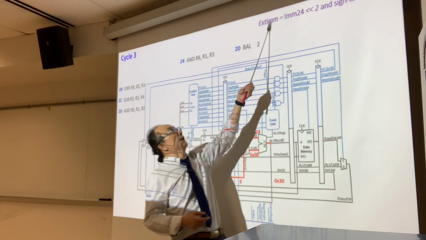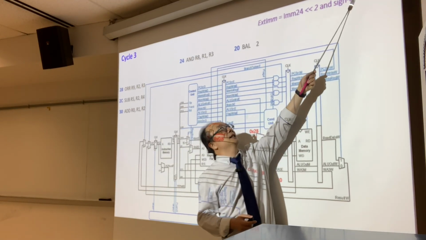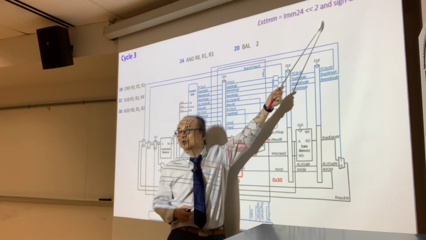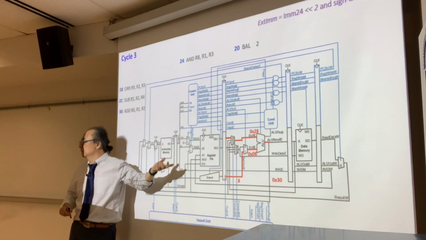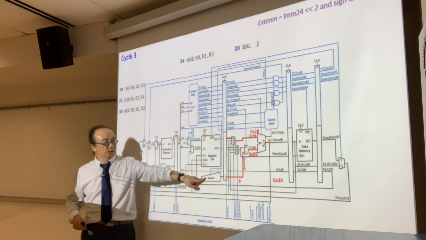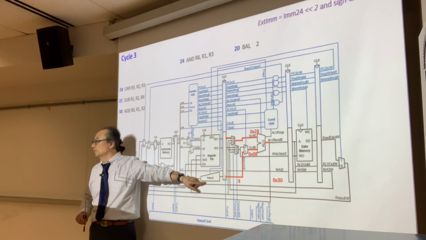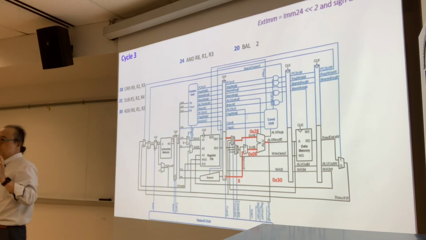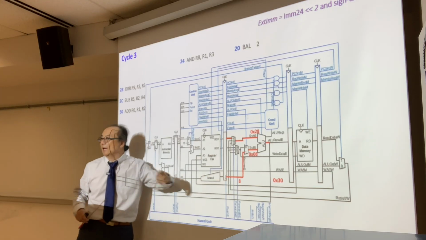And this extended immediate value is going to be sign extended and shifted left by 2 only for the branch instruction. Make sense? When we have data processing or memory instructions, all of this is zero extended and there is no shifting to the left. That's all, nothing, just the zero extended value, 8 or 12.